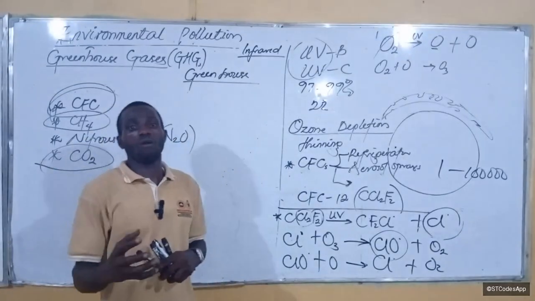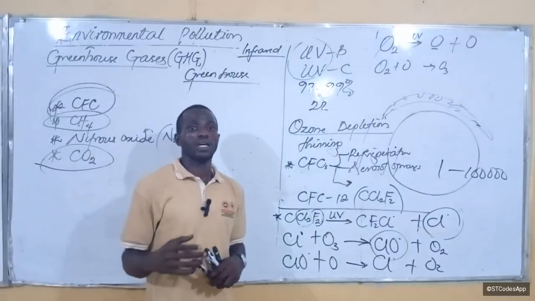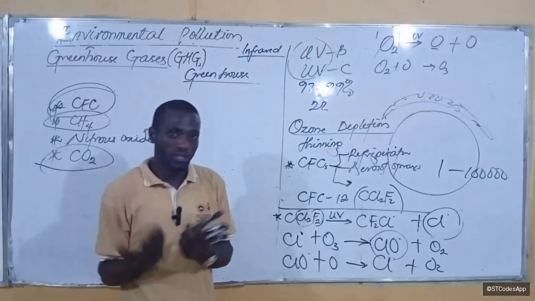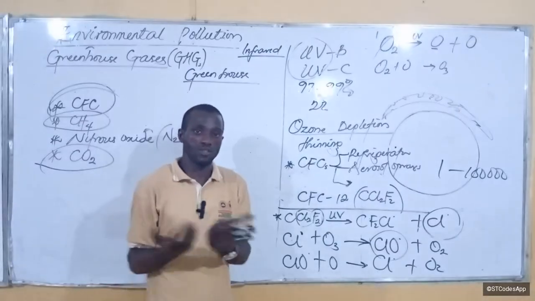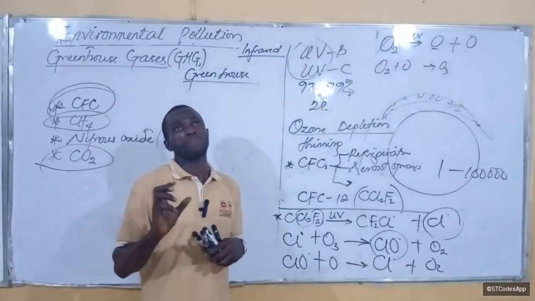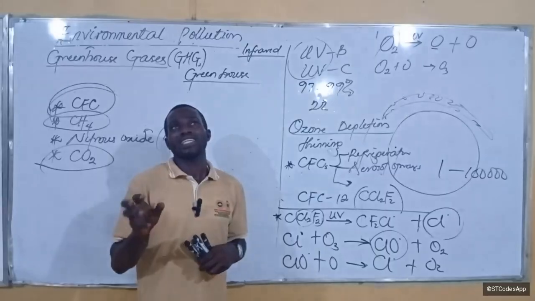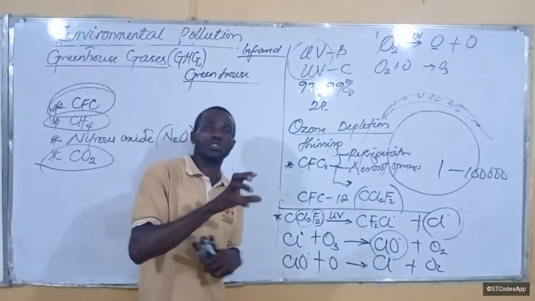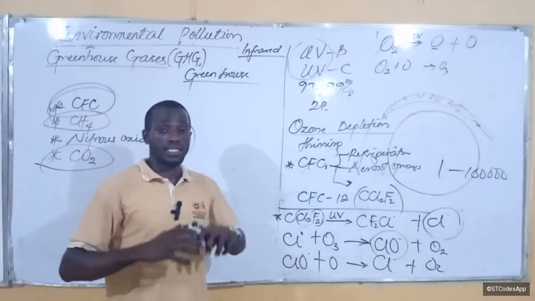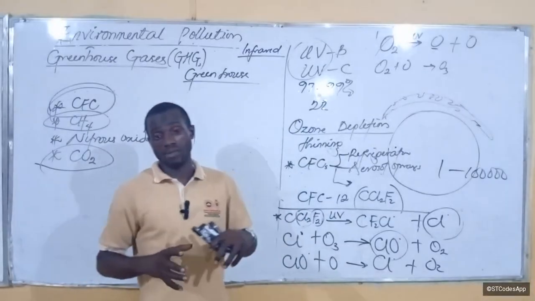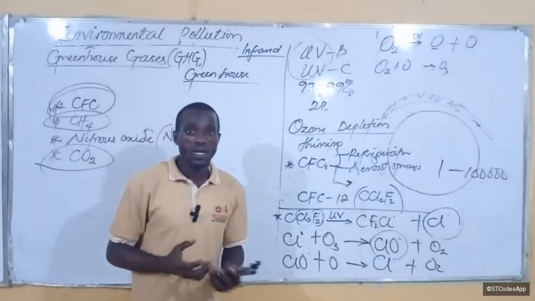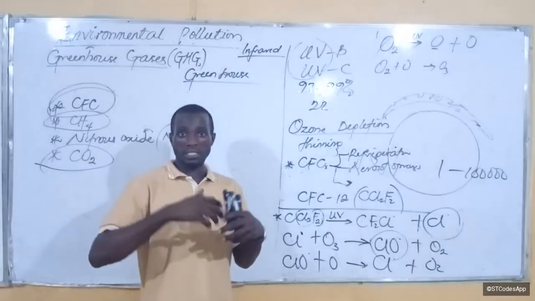Now, why do they call the condition that leads to global warming the greenhouse effect? Scientists saw the greenhouse effect as a phenomenon similar to that of the greenhouse I just explained, that we use to grow some things.